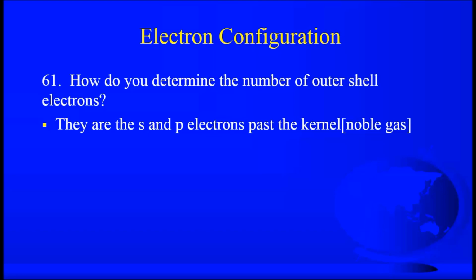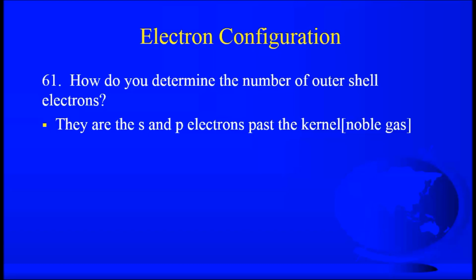The most important electrons, the electrons that give you your personality, are the S and P electrons. The electrons that are in the outermost S and the outermost P. The ones beyond the pit, beyond the noble gas, are the most important electrons.